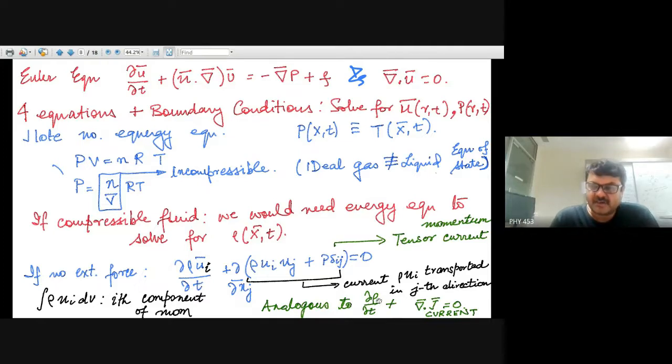Note that this is analogous to the conservation of mass, where there the current was rho times u, right? But now the current, the momentum current, if you like, is this term. So it's a tensor, but it looks similar, and I want you to note that.